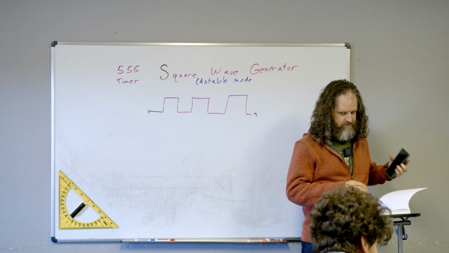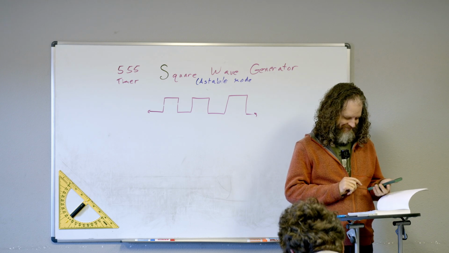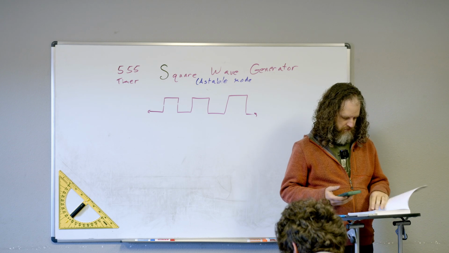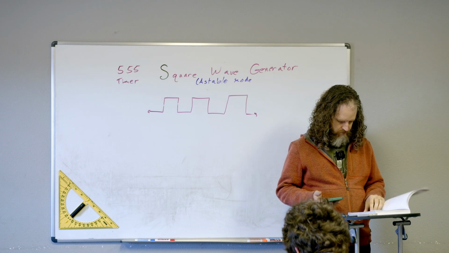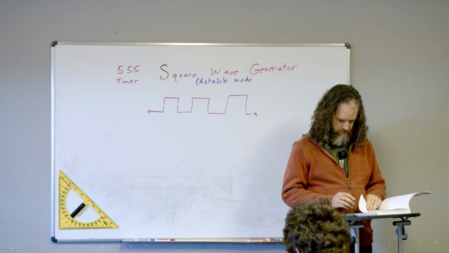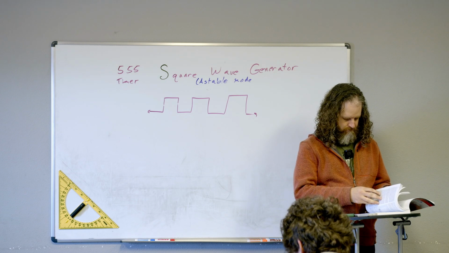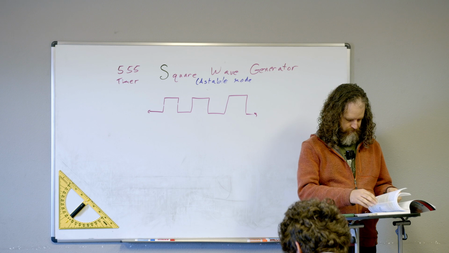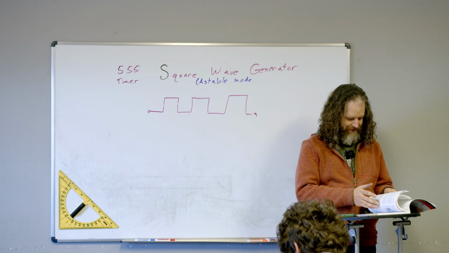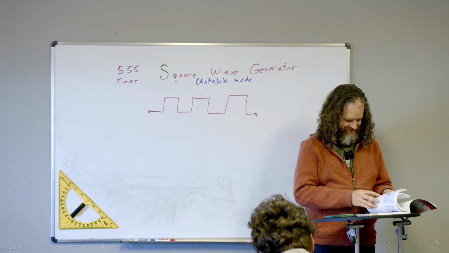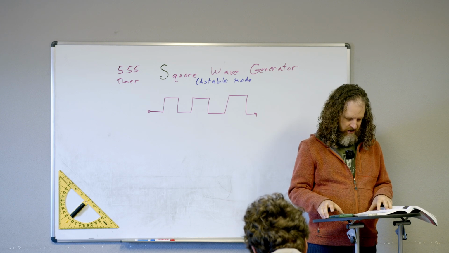Do you know which one it was? I mean, you have the ones for buzzers. That's true. It wouldn't be that one. Because that one doesn't make the LED turn on and off, right?